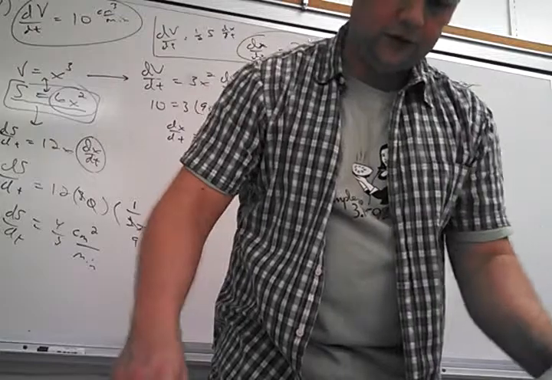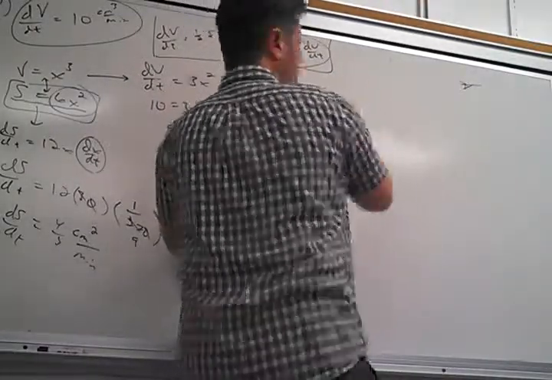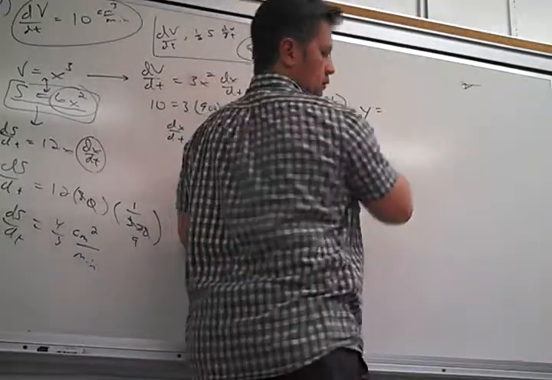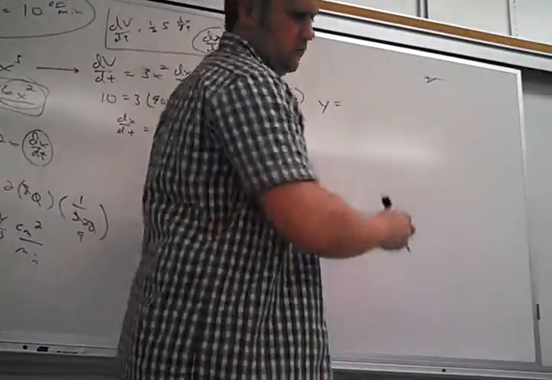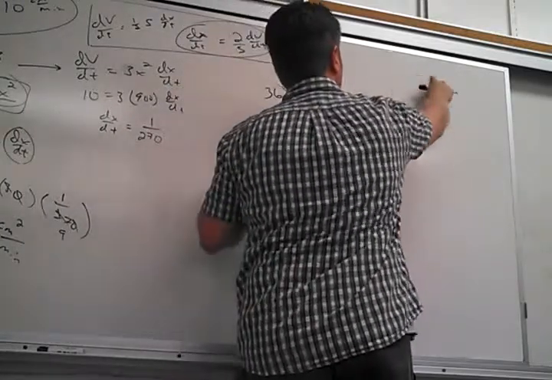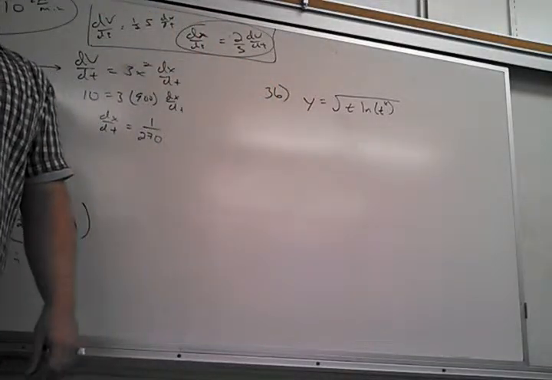For example, how can you simplify this piece? What does that 4 want to do? Bring it down. The square root of 4 is 2. And then I have the square root of t and the square root of natural log of t. But I just forgot to put that 1/2 right there, which makes the derivative easier, but it's a bad way to do it.